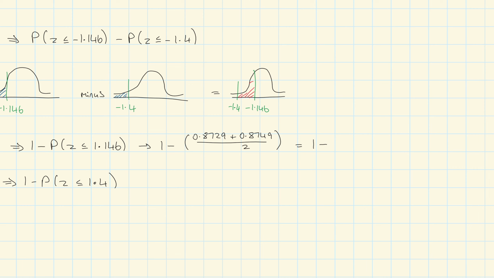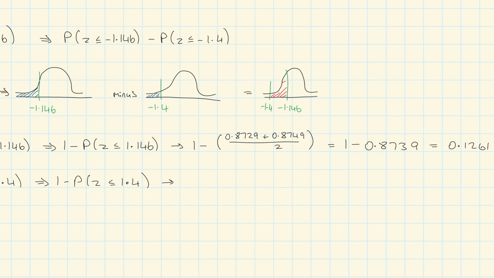So we have 0.8729 plus 0.8749 divided by 2 will give back 0.8739. Into our calculators, 1 minus that gives me 0.1261. And our second one here is a little bit more straightforward, so we're looking for 1.4.